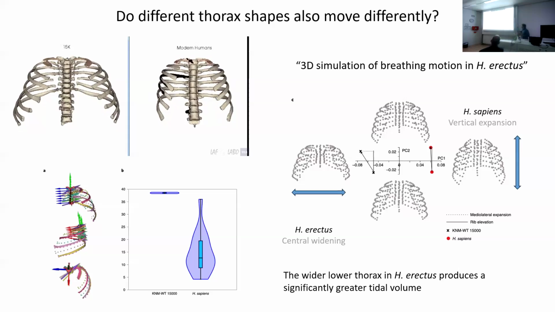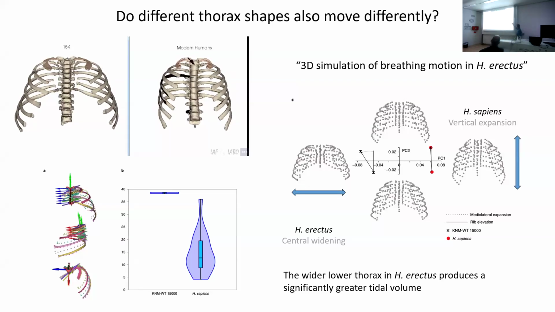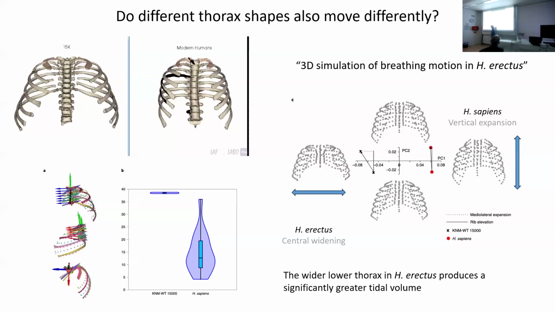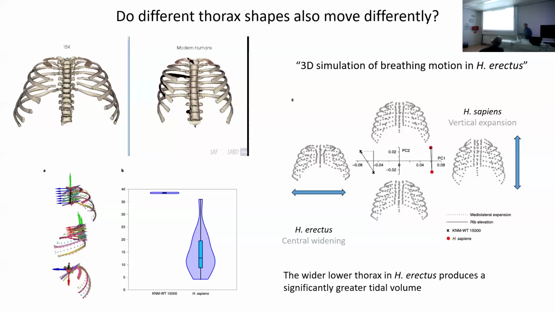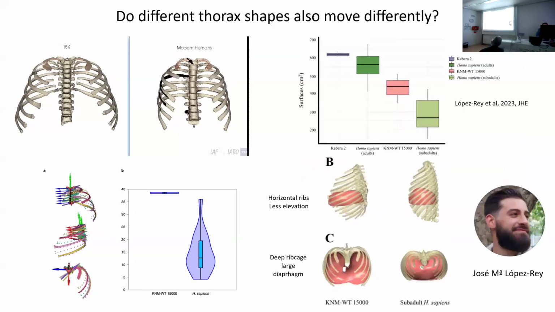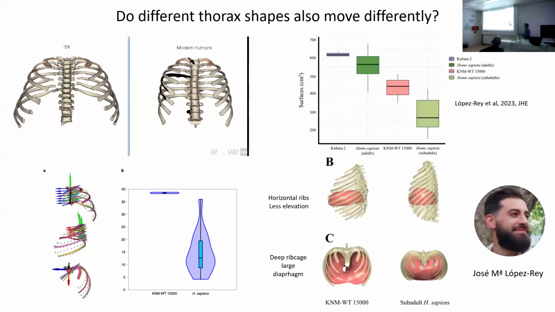And if we calculate also the sizes of these differences, then you can see that this is the range of the modern human size, and this is the functional size produced by inspiration in the Homo erectus. So the lower part really is capable of producing a much greater tidal volume than in the modern human rib cage.